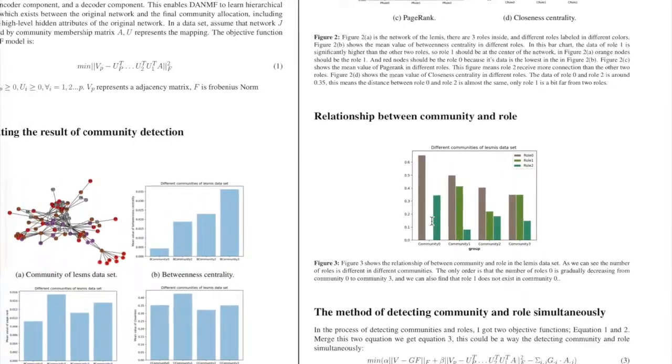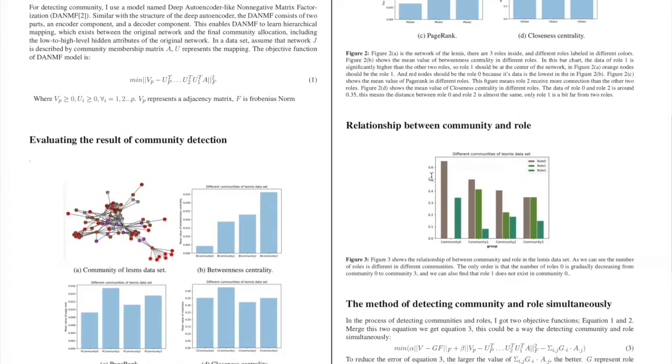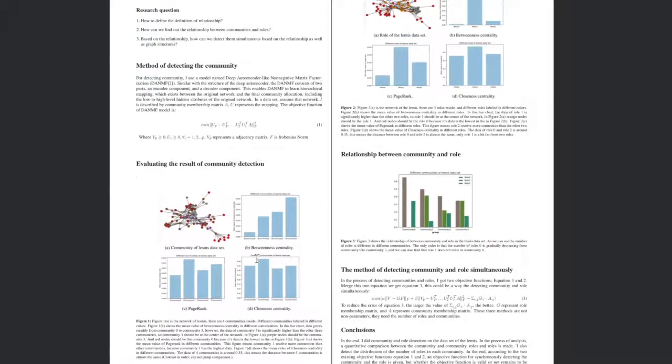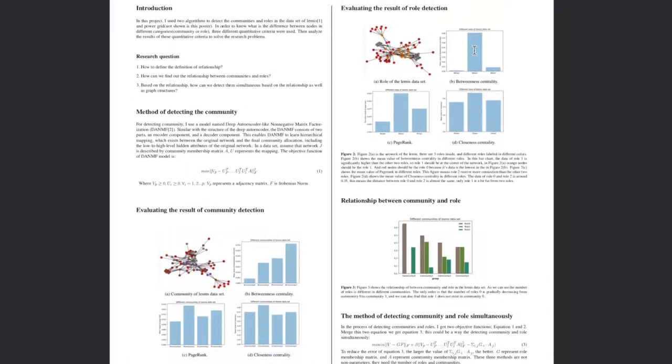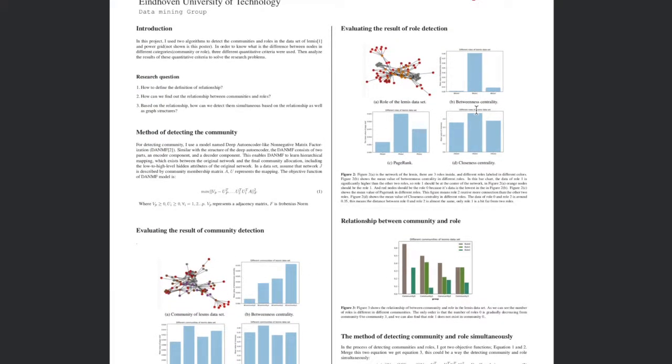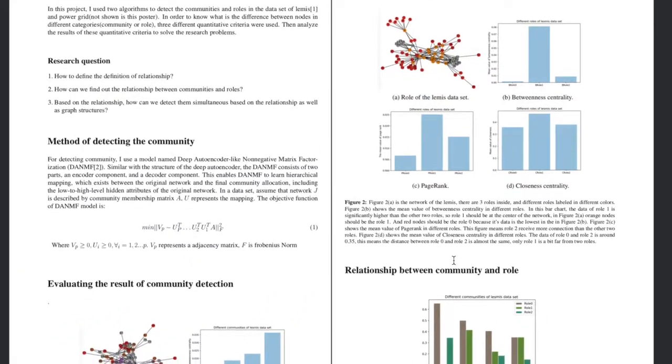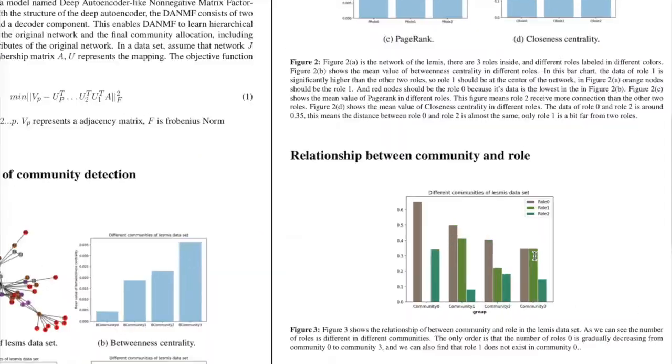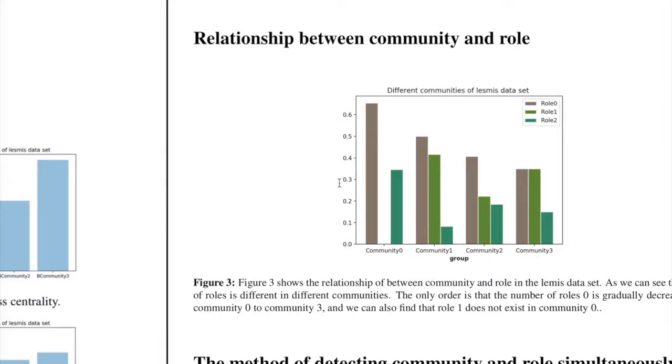Then after that, I created a figure that shows the relationship between each community and role, because we already grouped communities by clustering, and in each community different roles are distributed.